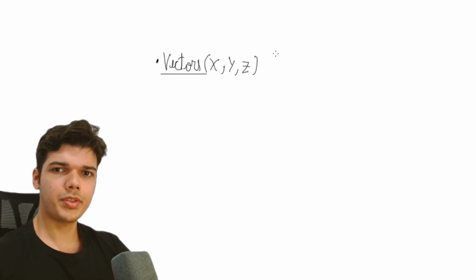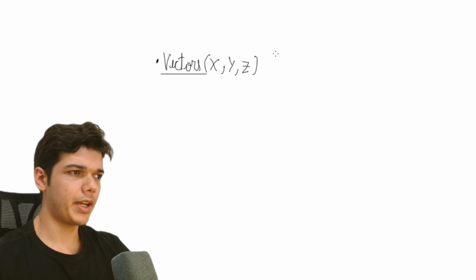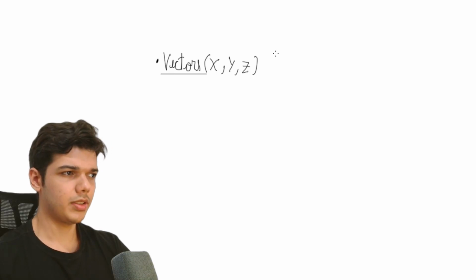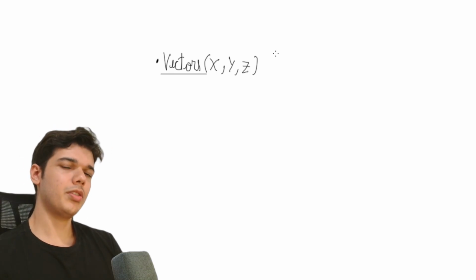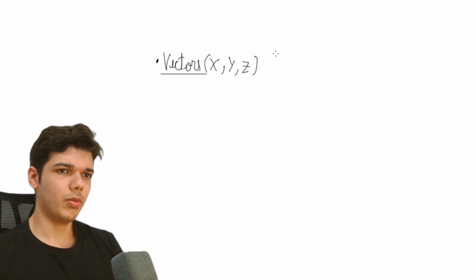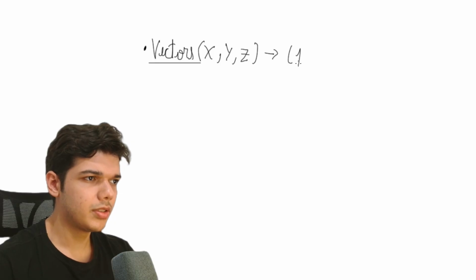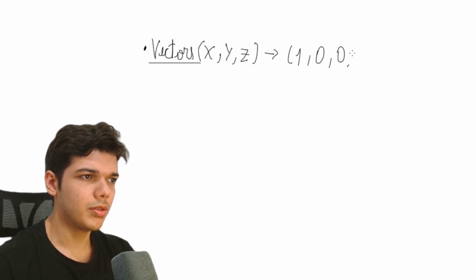It's the same concept as we study in physics, the same thing like velocity, direction, and in Unreal Engine the use is the same. We use it to store velocity, acceleration, and position in the map, also scale of objects. Here we can have a unit vector like 1, 0, 0.